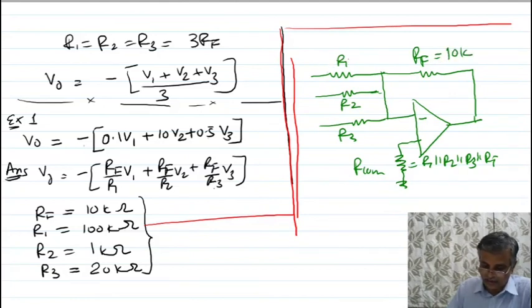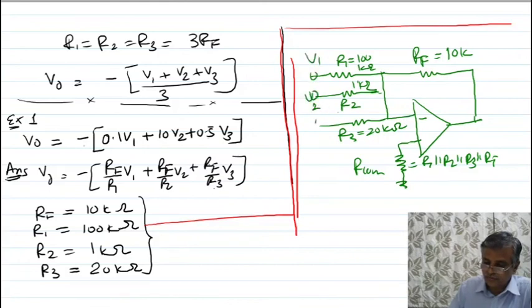R1 I have taken 100 kilo ohm. R2 I have taken 1 kilo ohm. R3 I have taken 20 kilo ohm. These are the inputs V1, V2, V3.